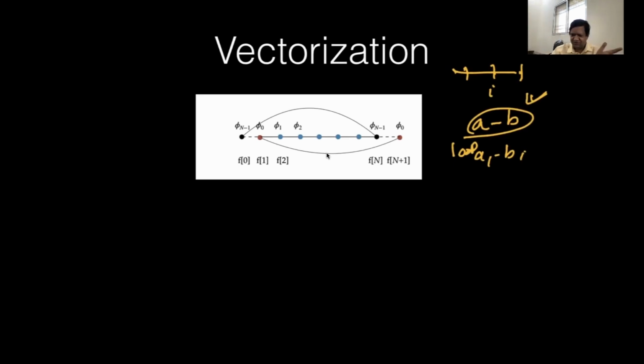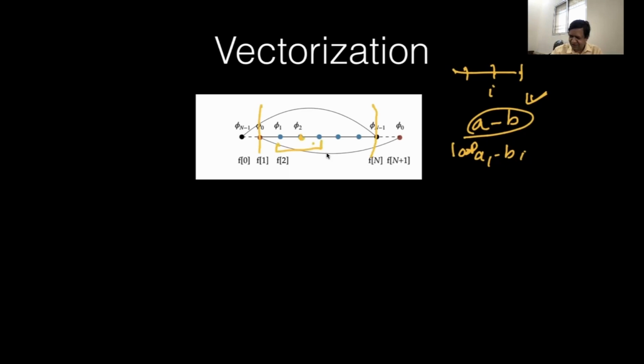You should always use vectorized operations if you can, and we can do it for finite difference. How do I do it? My array is here, phi 0 to phi n minus 1. But for doing the derivative calculations with the central difference scheme, I can just take the left point and right point.